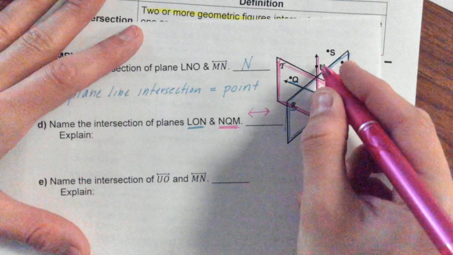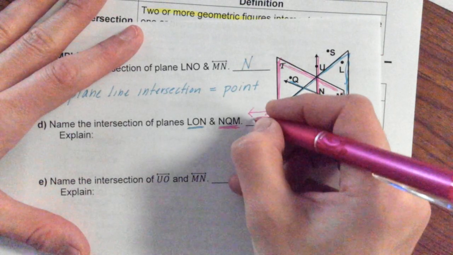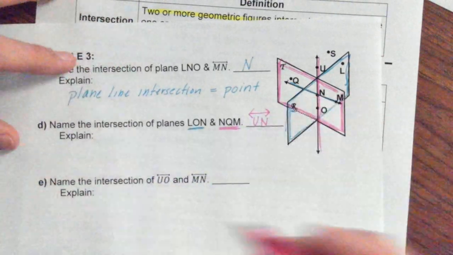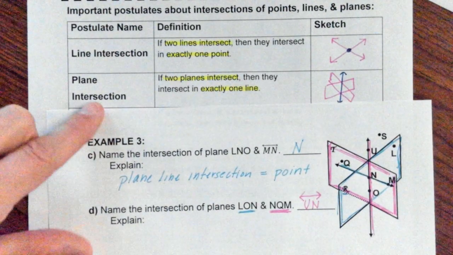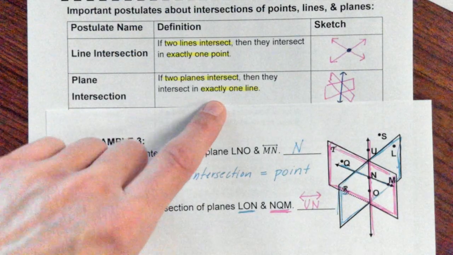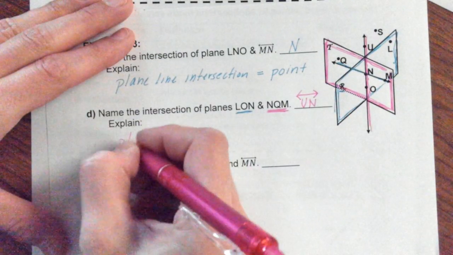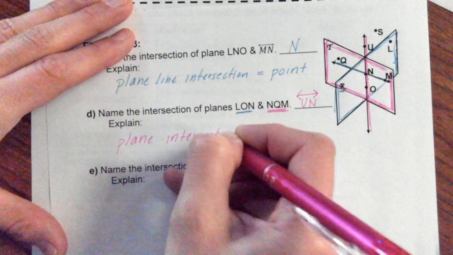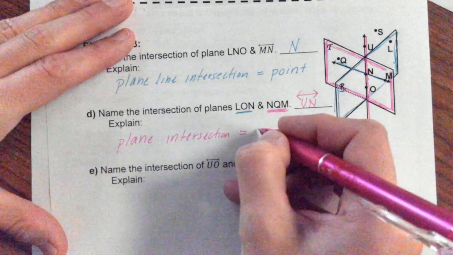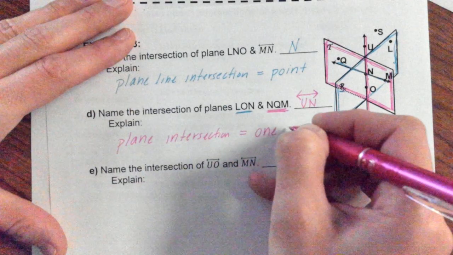So I'll just grab the first two, U and N, and call it line UN. What justifies this is that our plane intersection is going to have exactly one line. So plane intersection equals the intersection of a line.